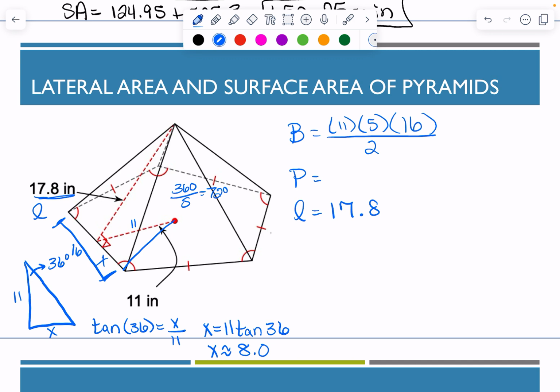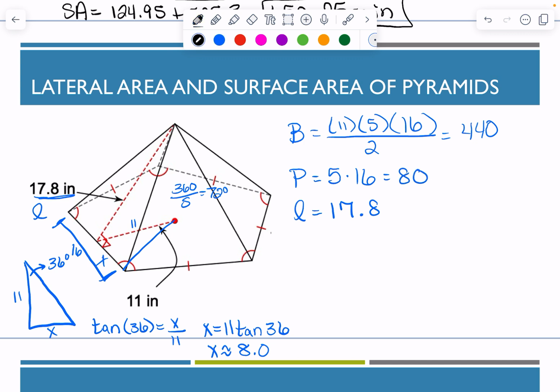So I'm going to plug 16 up here. So now I'm going to take 16 times 5 times 11 divided by 2, and that's going to give us an area of 440 for the base. Then the perimeter, we know that is 5 sides times 16, which is 80.